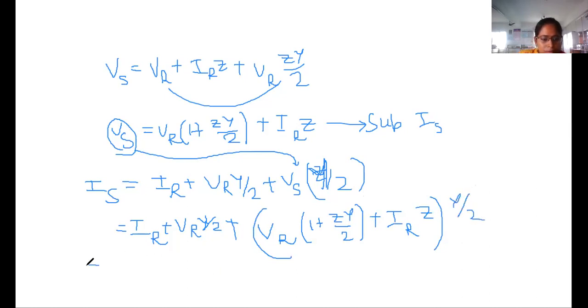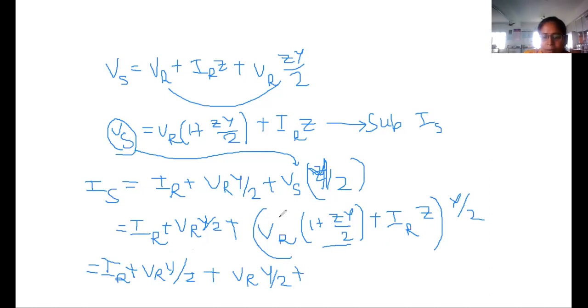So IR plus VR into Y by 2, plus VR multiplied, and Y by 2 also multiplied with the expression of these two terms. Here 1 into VR into Y by 2 gives VR into Y by 2, plus VR into ZY by 2 into Y by 2.